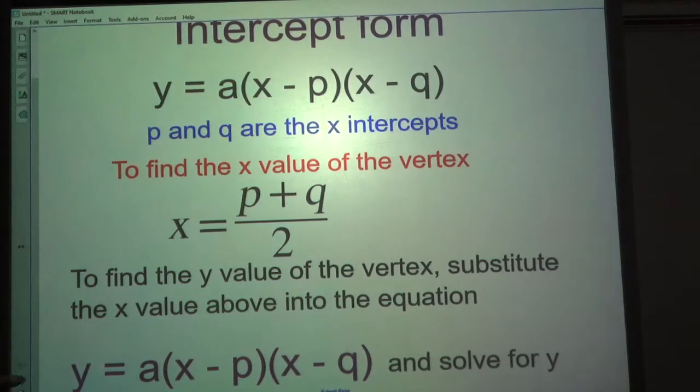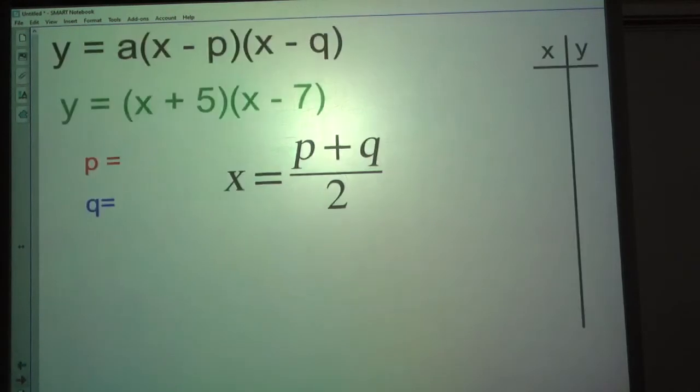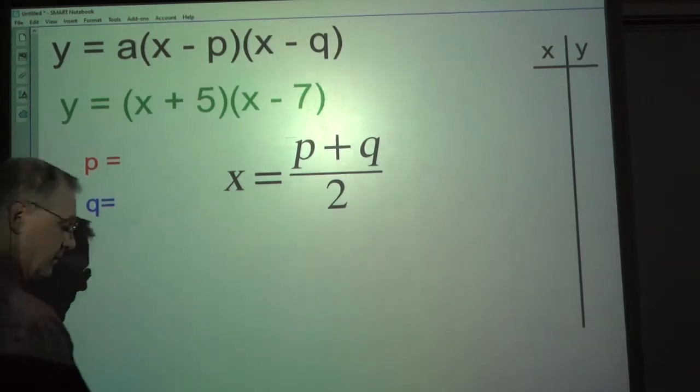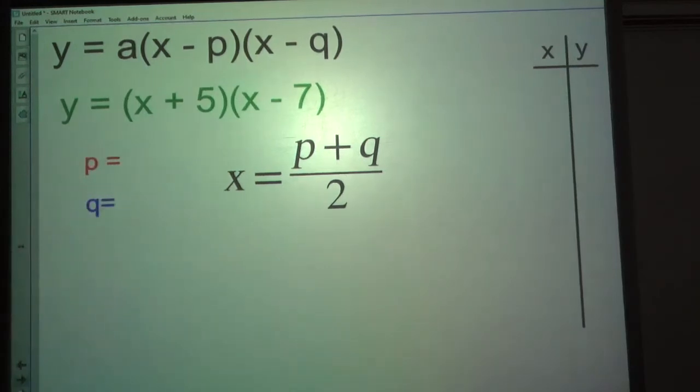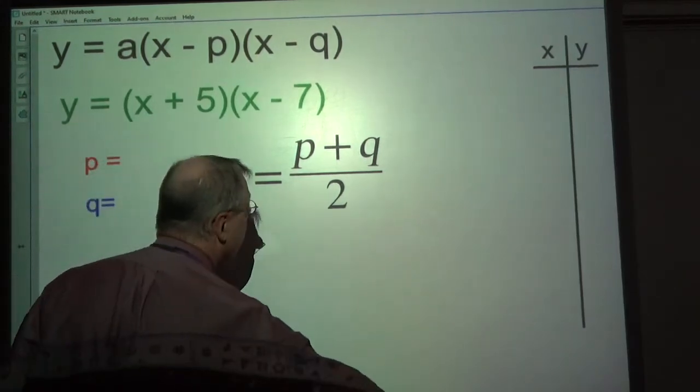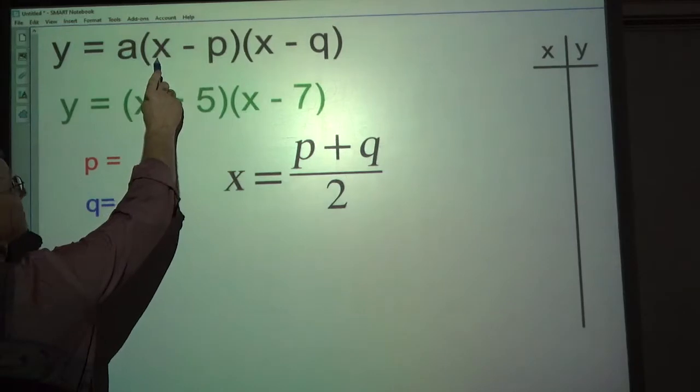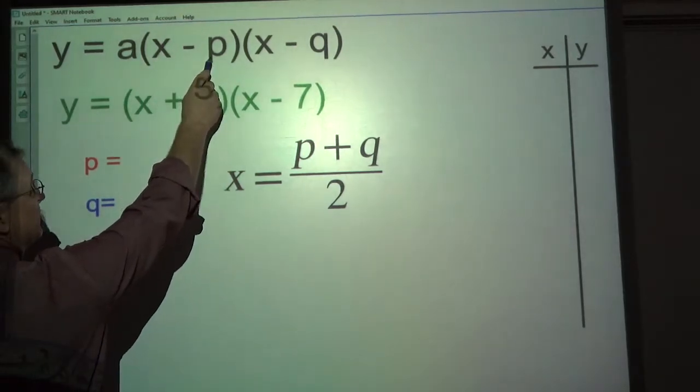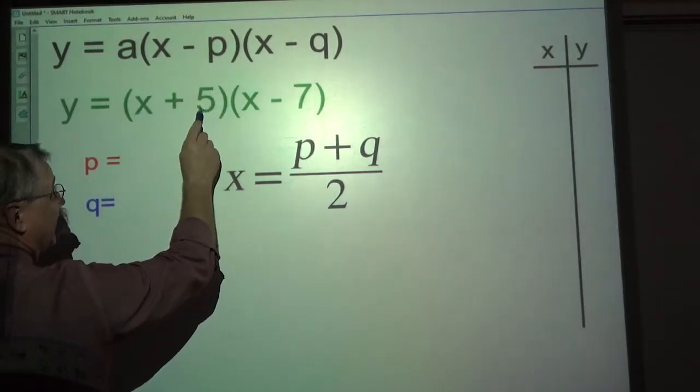All right, here's our first example. I put the original form up above. Y equals x plus 5 times x minus 7. Now, here's the real trick to all this. See how it says x minus p, but this says x plus 5?